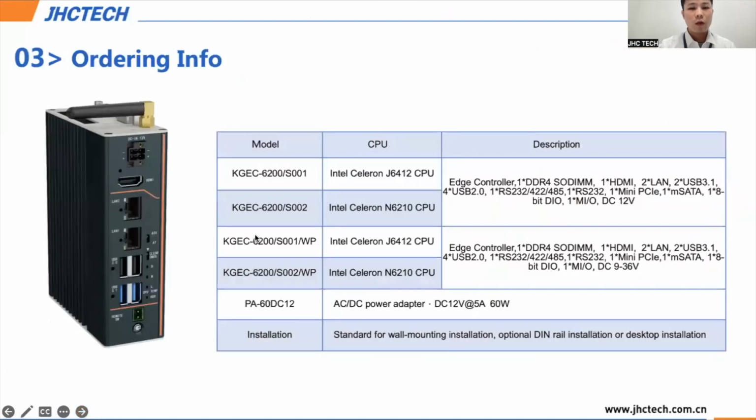Next page is order information. There are actually 4 models of this product. The first 2 models are different CPU platforms, and you can also choose the default model or the wide power model.